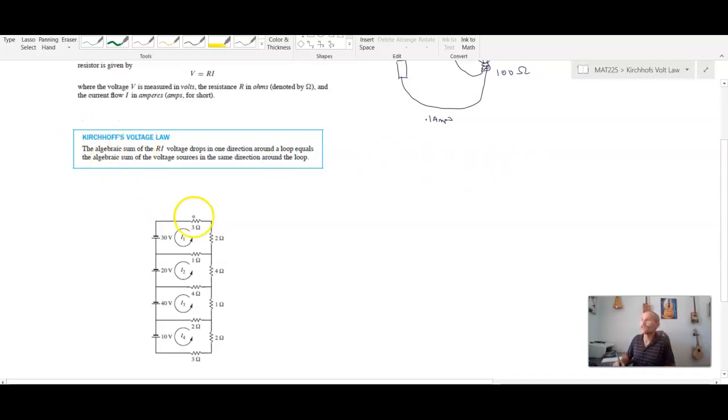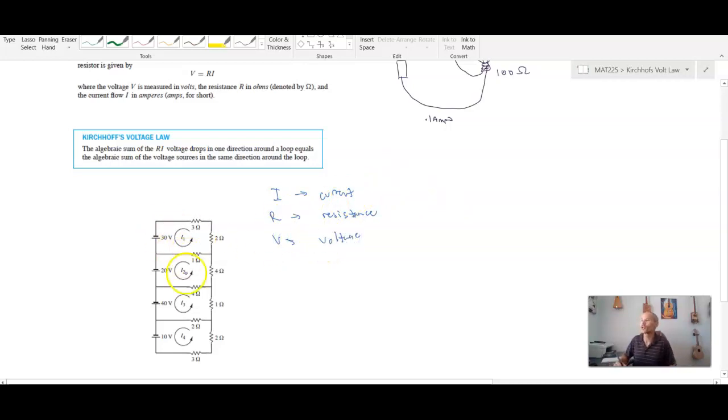What we want to do is figure out how much current is flowing, I1, I2, I3, and I4. So I is the current, R is the resistance, and V is the voltage.